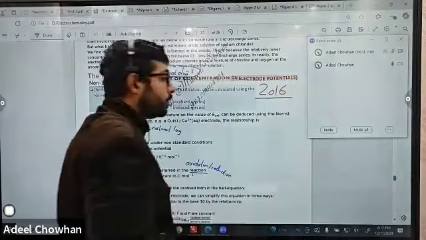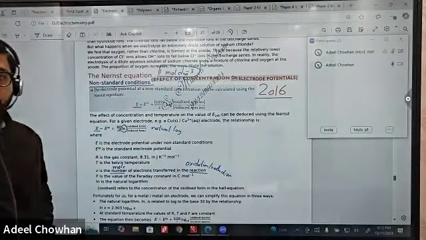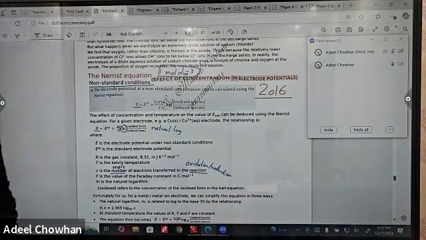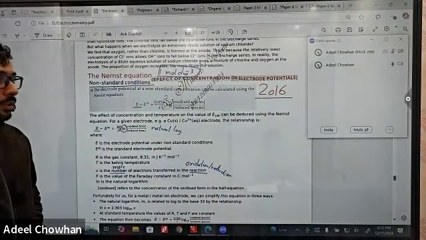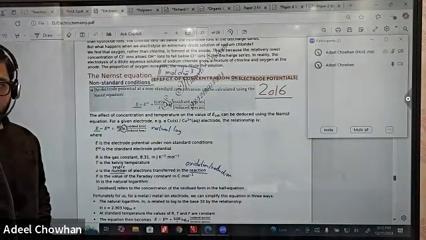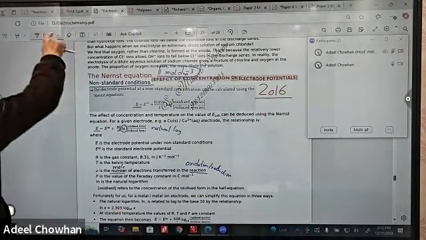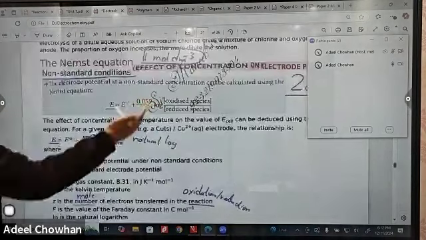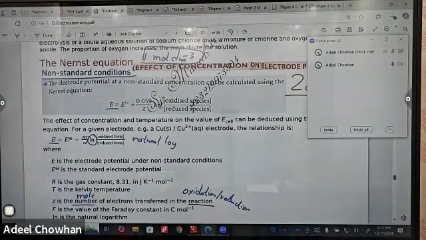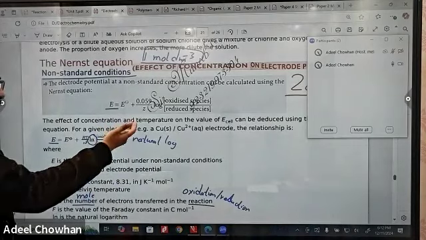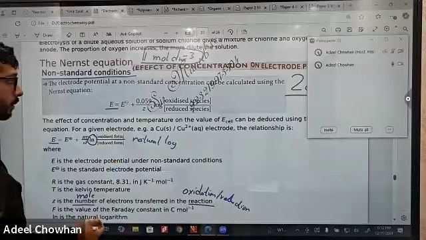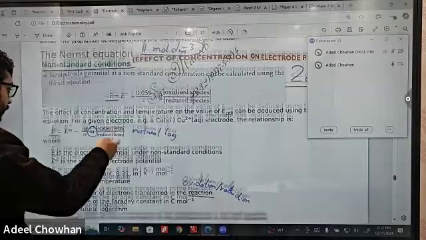Before this year, you wouldn't find questions on the Nernst equation in the past. After that, we studied the formula of the Nernst equation, which we use to find the electrode potential value of the reactions.